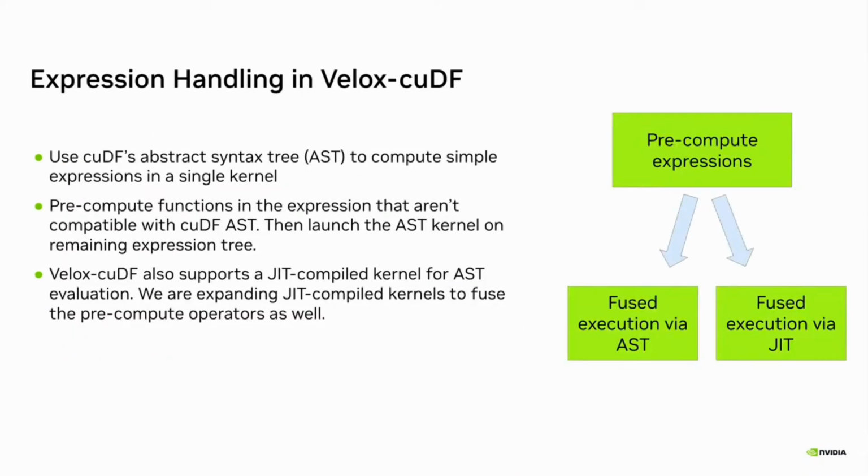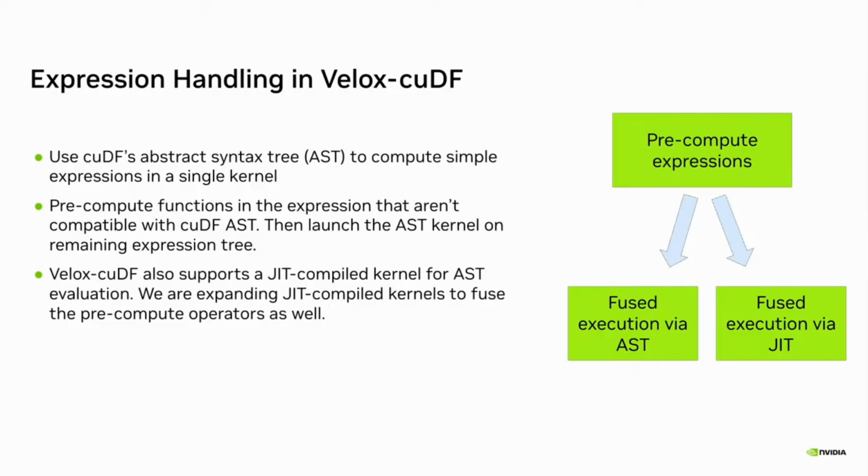Now, to go into detail about expression evaluator, Velox cuDF has 3 evaluators. One is AST, abstract syntax tree, then JIT, just-in-time compilation, and function evaluator. Function evaluator runs each and every expression in an individual kernel. Now, cuDF has this fused kernel called abstract syntax tree, which can support simple expressions in a single fused kernel.